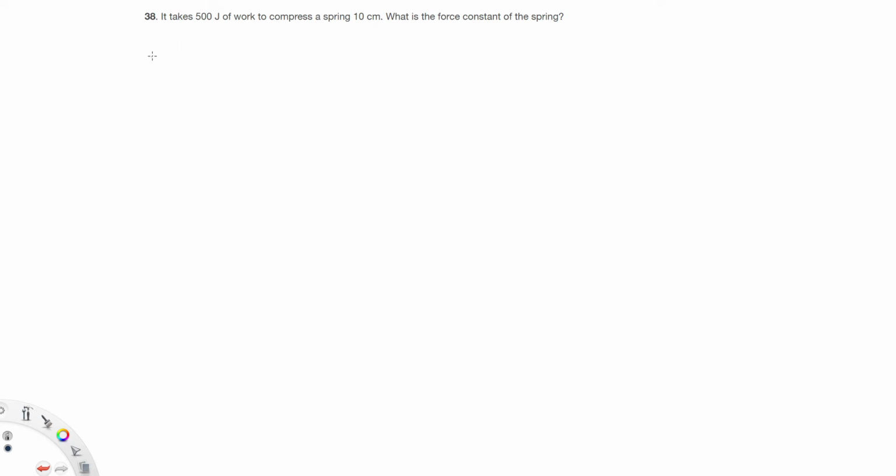Well, if we draw a picture, we've got a spring that prefers to be some length, but we have squished it until it is a shorter length. And the difference between those two lengths is 10 centimeters. Okay, and this is going to be our delta x.